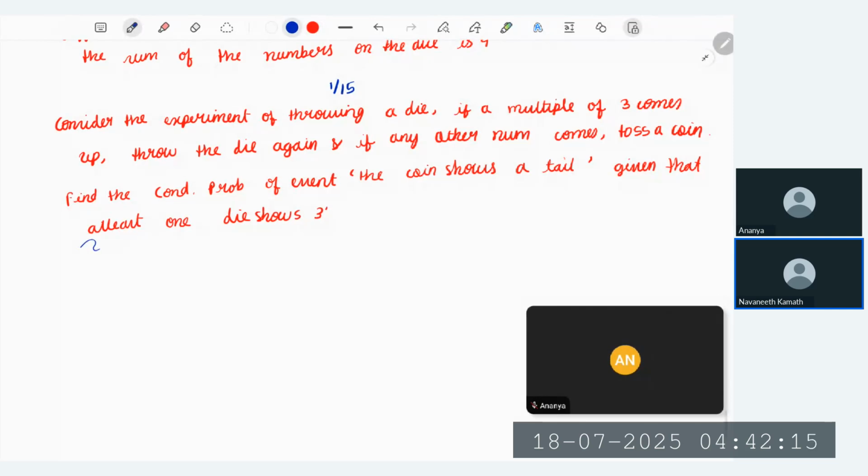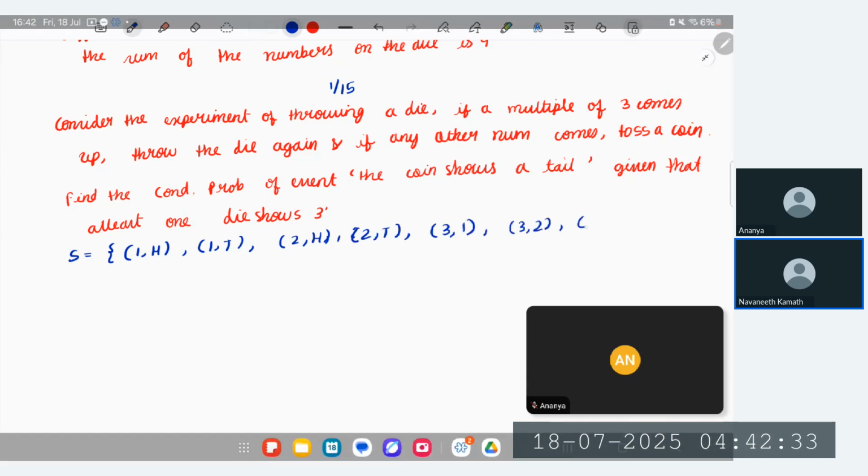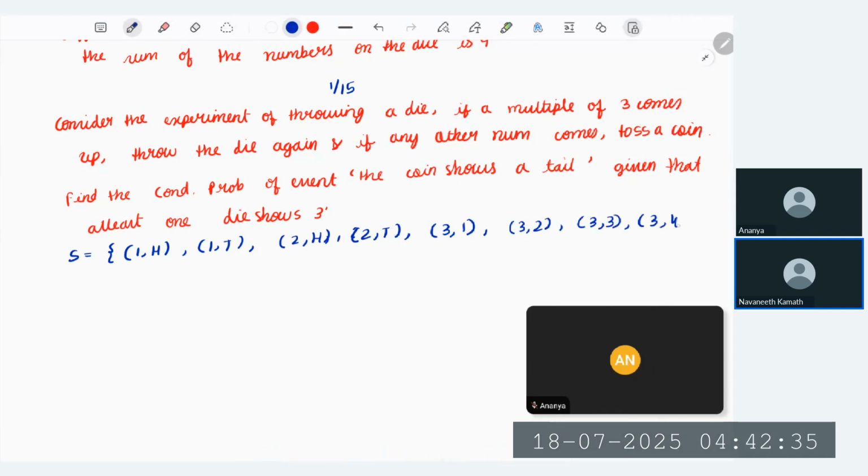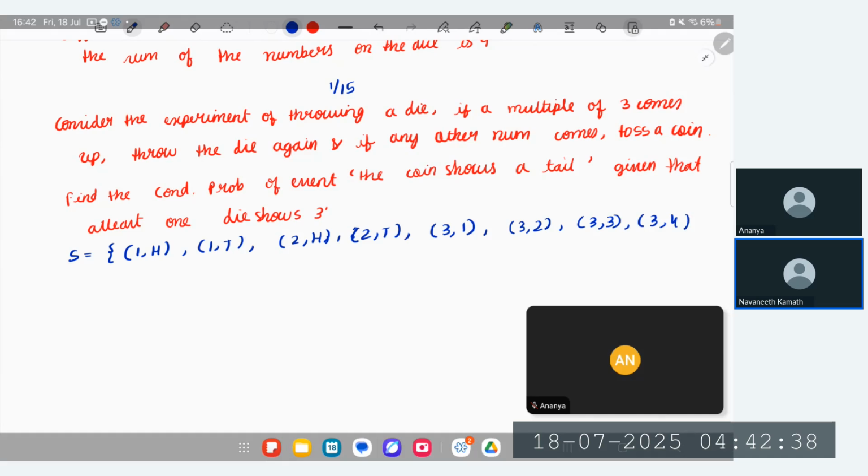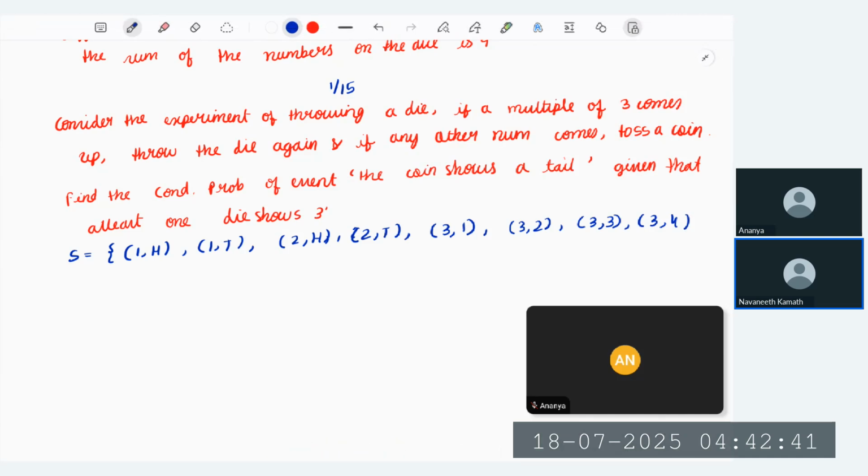So what is the sample space? It is something like this. If one comes, I'll be tossing a coin. It will be either head or tail. If two comes, I'll be tossing the coin, a head or tail. If three comes, I need to roll the die. That is, either it can come one, two, three, four, five, or six.